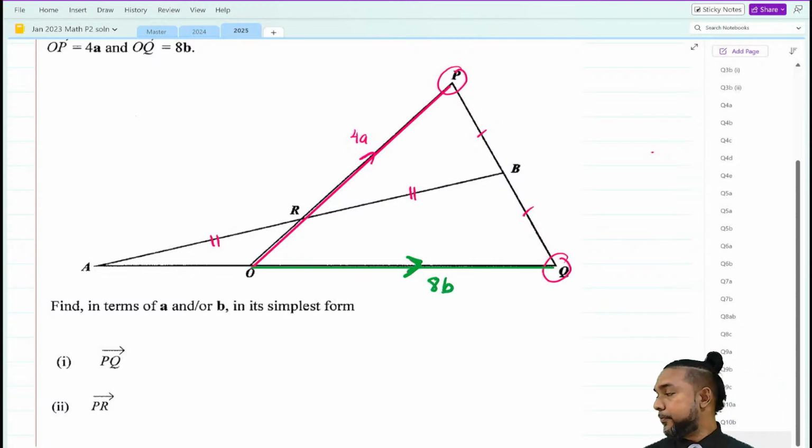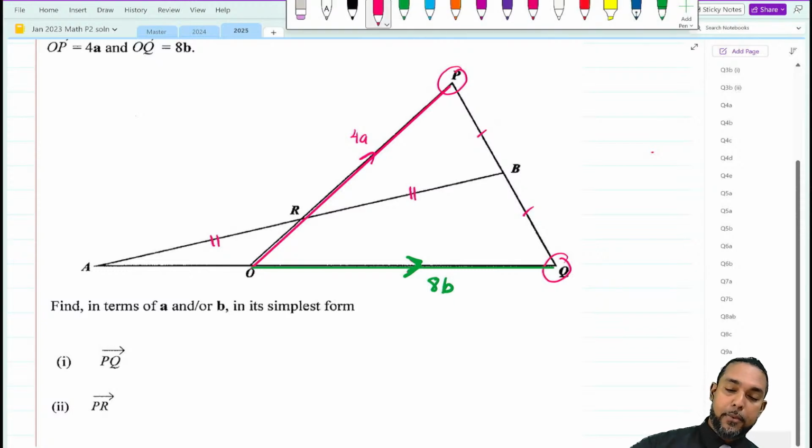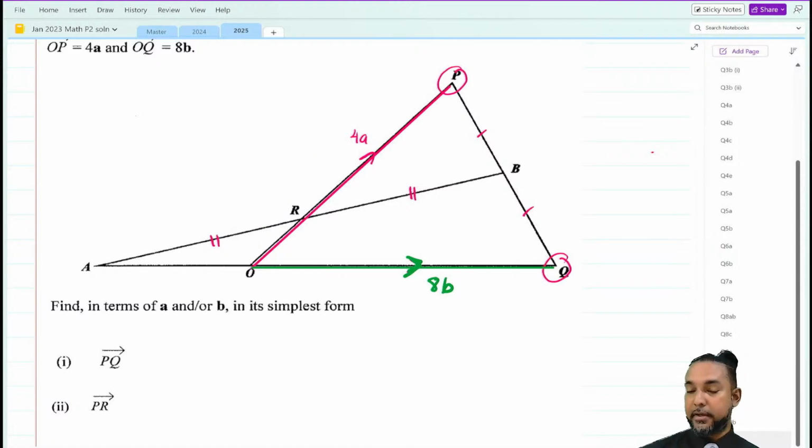So we have just two lines for which we have vectors: the pink line and the green line. The pink line goes from O to P. So that vector OP is 4A, as we can see to the top left-hand side.